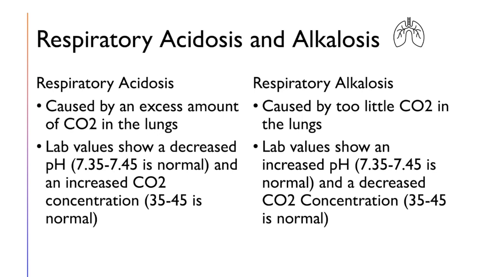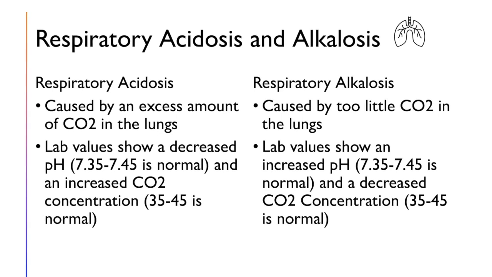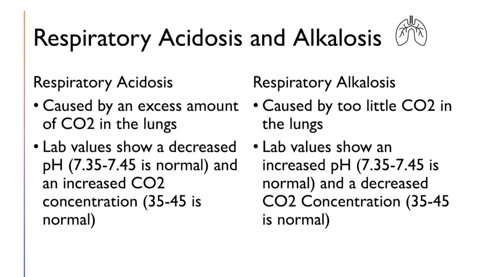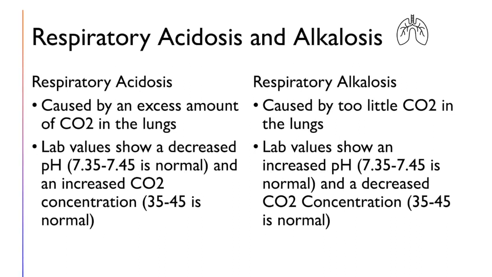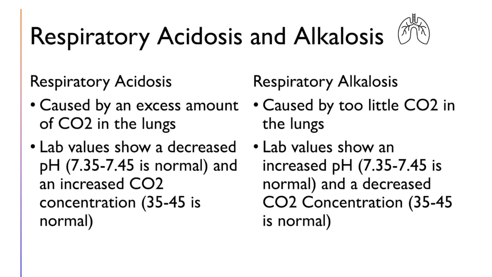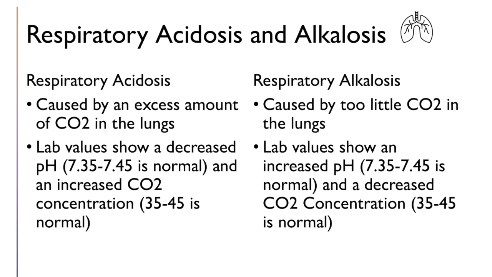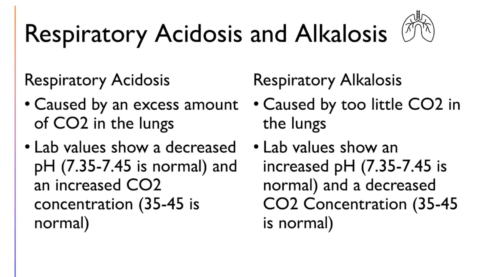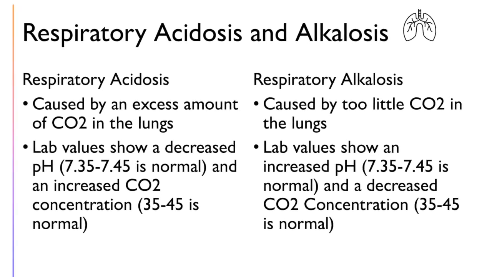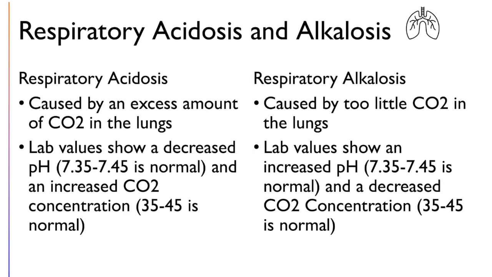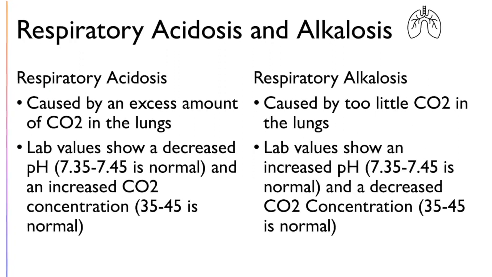So next up, I would like to discuss respiratory acidosis and respiratory alkalosis. Respiratory acidosis is caused by an excess amount of CO2 in the lungs. So the lab values show a decreased pH, so less than 7.35 to 7.45, and we're going to see an increased CO2 concentration in the blood, and that's going to be greater than 35 to 45, which is the normal range.